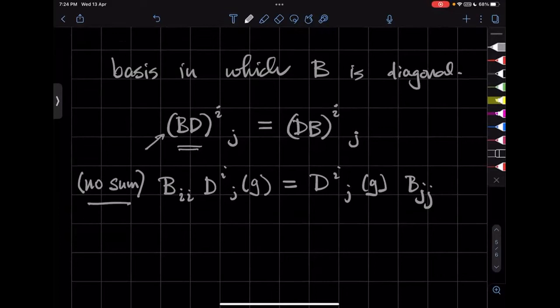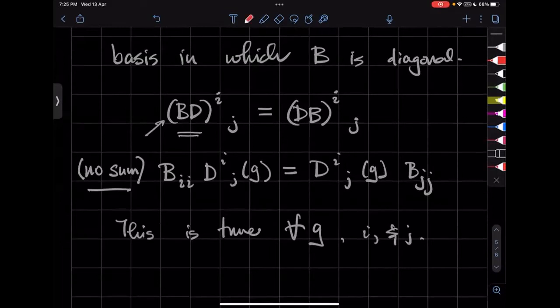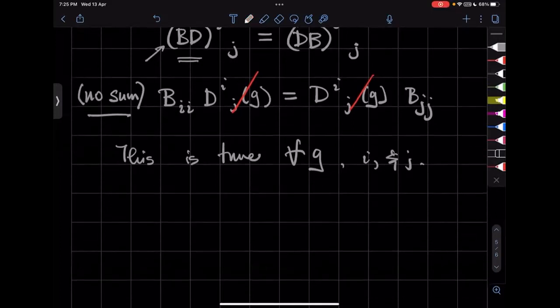Okay? Now this is true for all g as well as I and J. And there is no sum, so we can just get rid of these. And then what we'll have is that B_II, of course, we're assuming that these are non-zero.